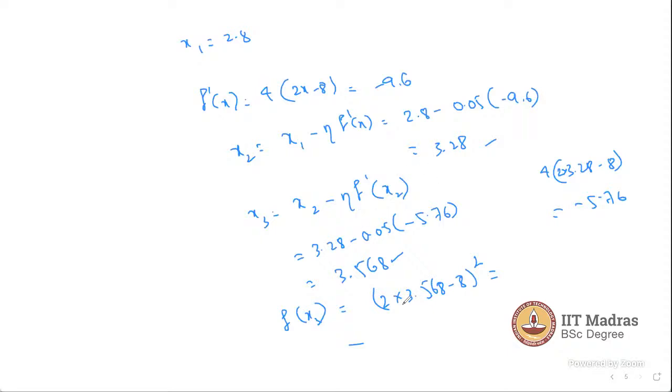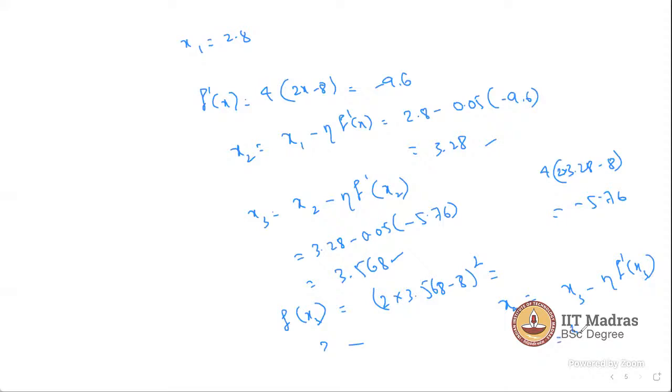Okay. So we need to compute f of x4. First we need to compute x4. x4 is again x3 minus eta into f dash of x3, which is f dash of 3.568, which equals minus 3.456.